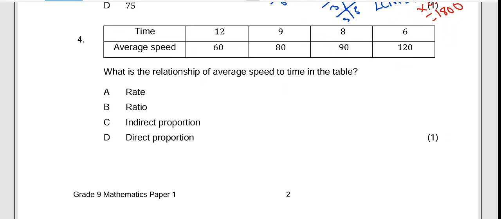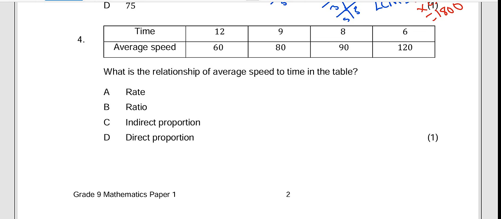Number 4 says, what is the relationship of average speed to time in the table? Is it rate? No. Ratio?